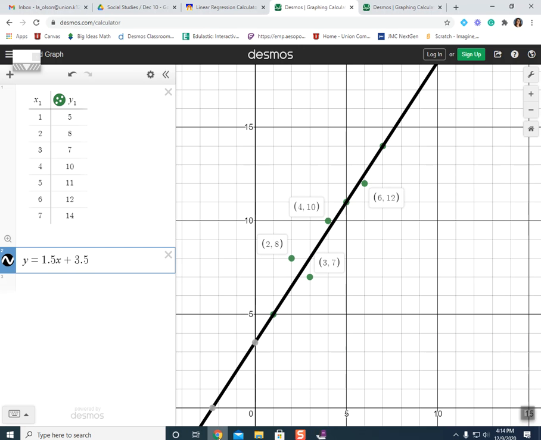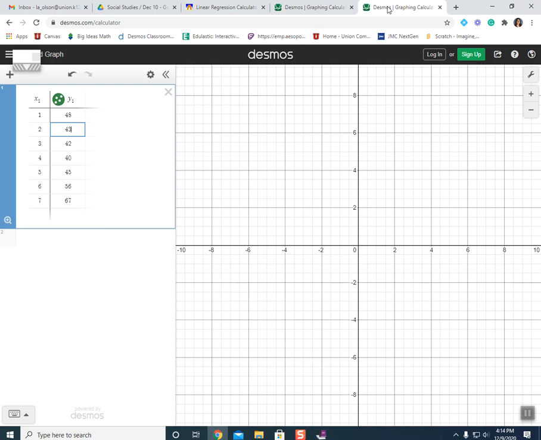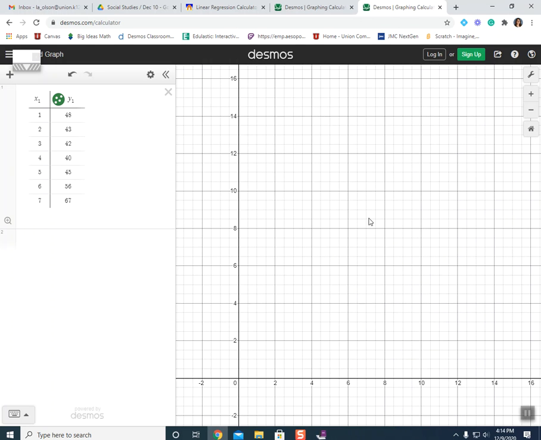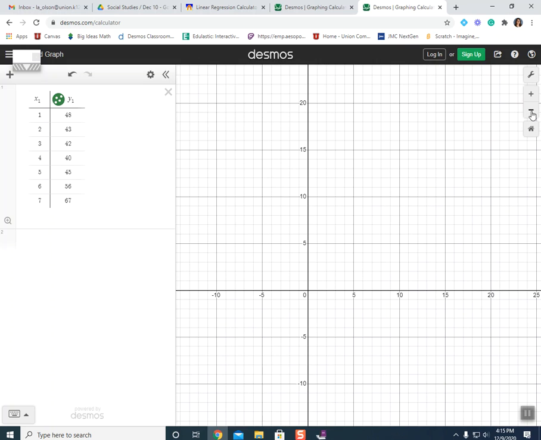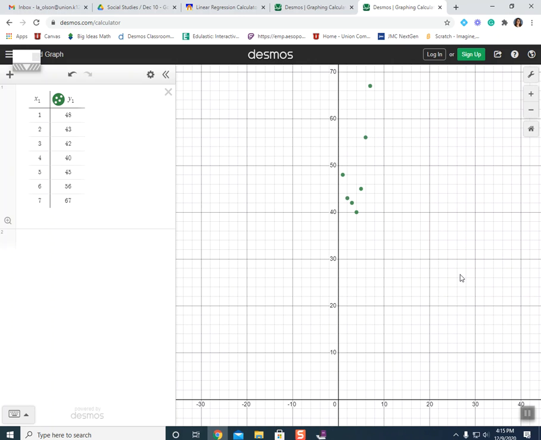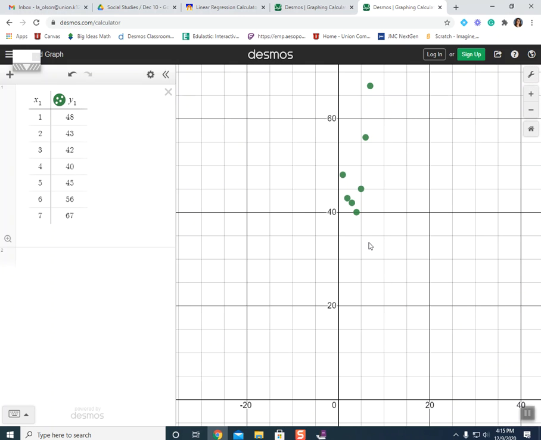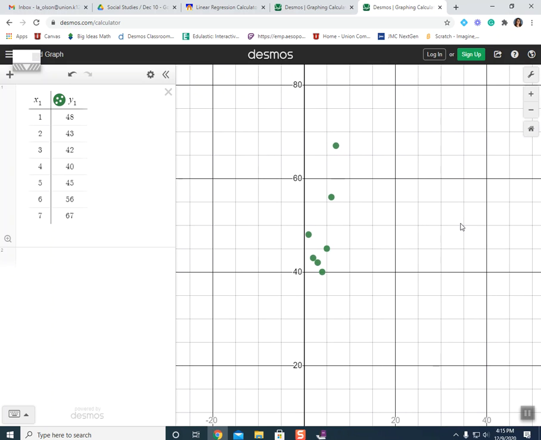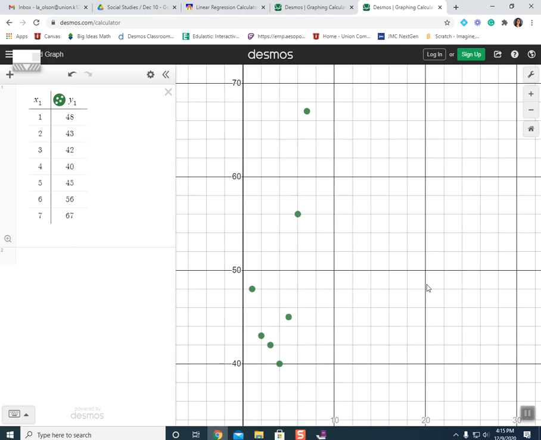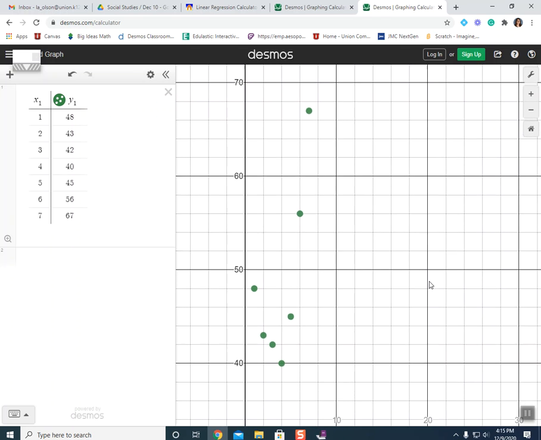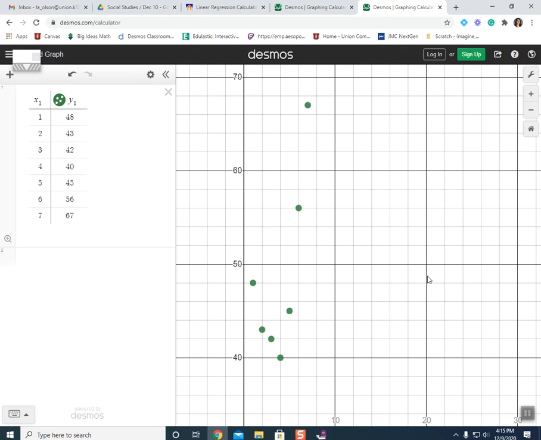So let's look at my next graph here. Oops, I've got to zoom out. There they are. Okay. So here are my values that I just found.